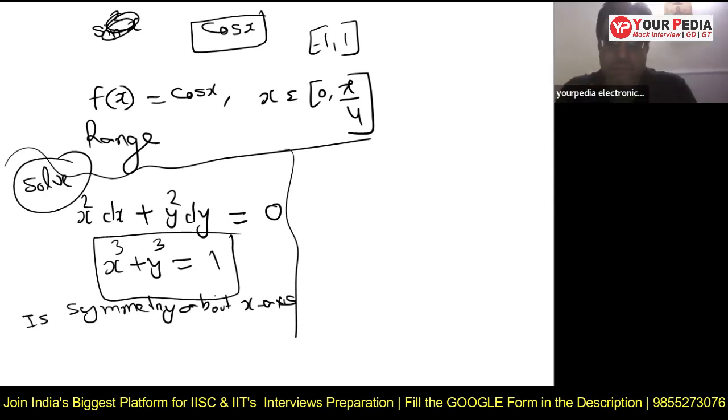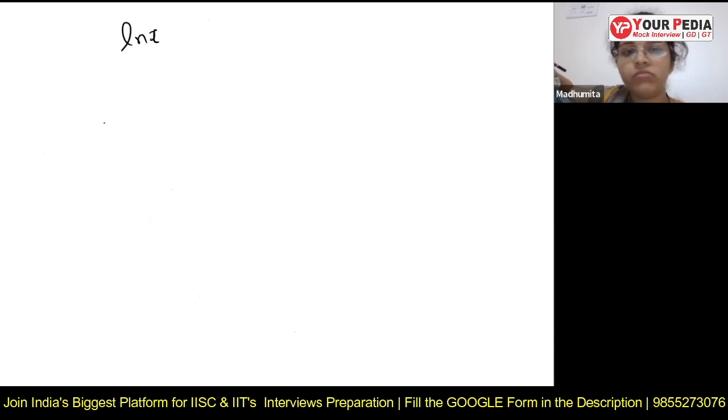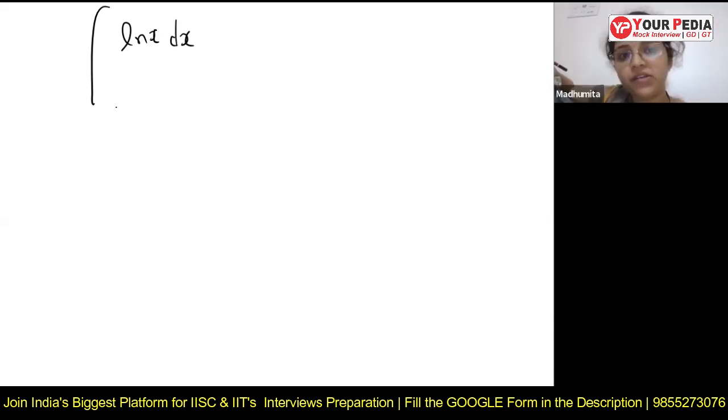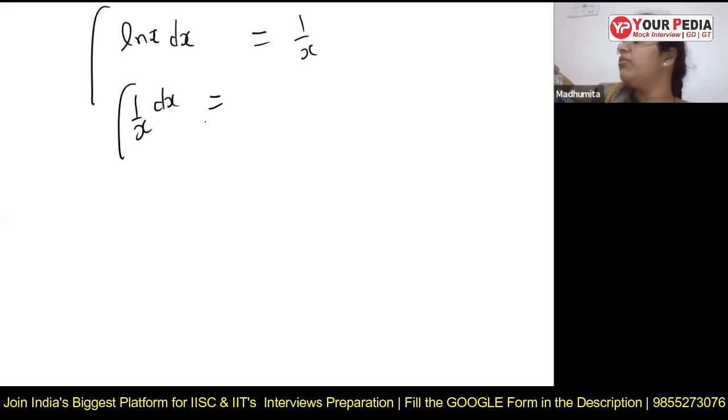Okay, no problem. Do you know ln x, the logarithmic function? Do you know its integration? 1 by x. Integration of ln x is 1 by x. And then what is integration of 1 by x? No, wait.